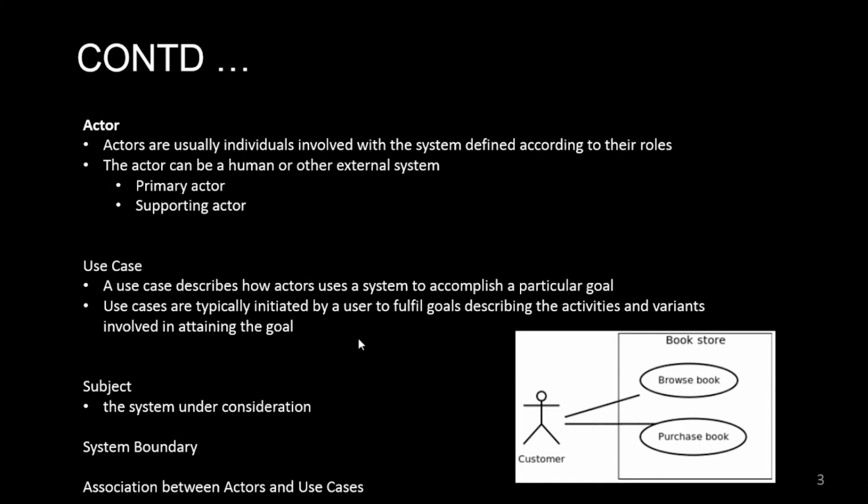Say a customer who withdraws cash from the ATM is the primary actor, basically the principal user of the system. Now the supporting actor renders some kind of service to the system, like bank representatives.